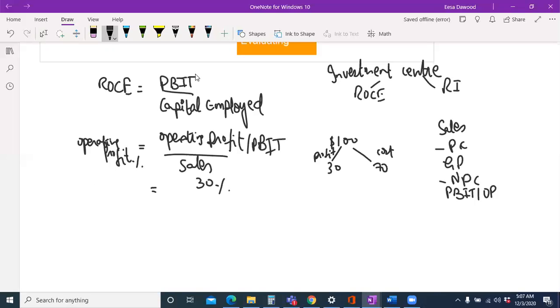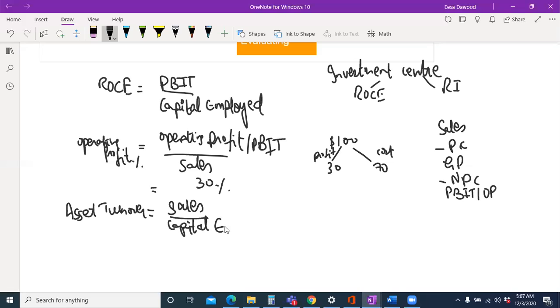And we also read what return on capital employed is: profit or return as a percentage of your capital employed. Another thing we are going to study is asset turnover. What is asset turnover? Asset turnover is sales over capital employed. We told you the capital employed is your investment.